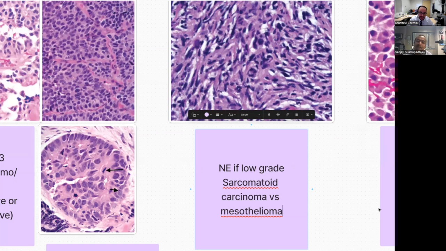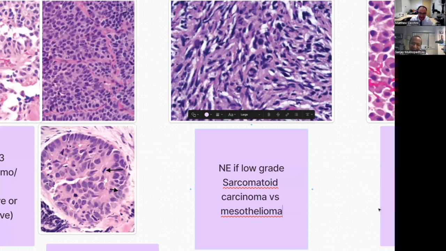So I think a keratin is the most important first stain I do in these. And to me, it's not just about is it positive or negative. It's more about how it's positive. So in something that looks really spindly like this, if it's really diffusely and strongly keratin positive, then that to me is a bit of a soft sign that this might be more like a sarcomatoid meso than a carcinoma. Because I find that the sarcomatoid mesos hang on to their keratin to the very bitter end.